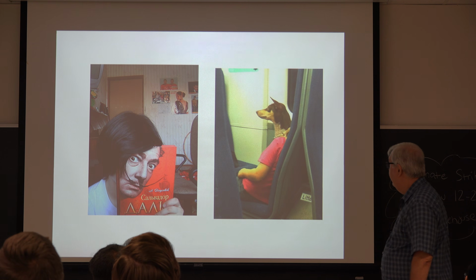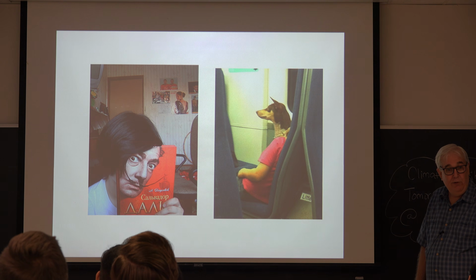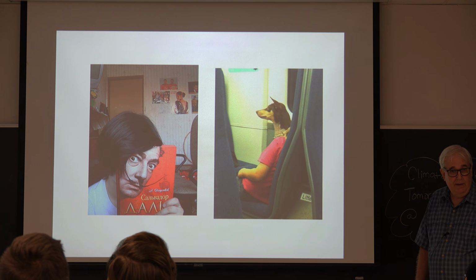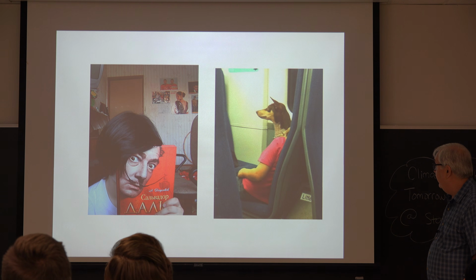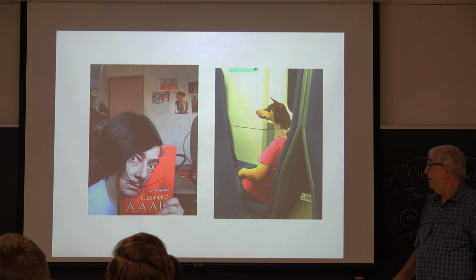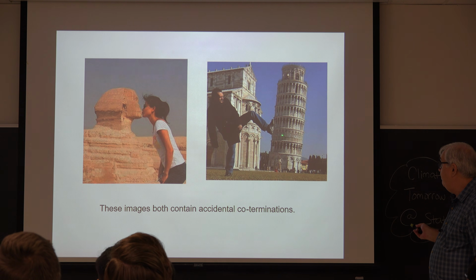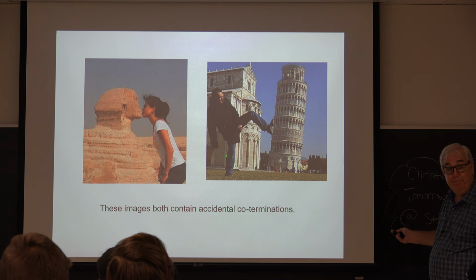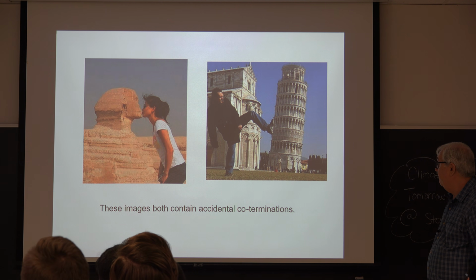This is obviously accidental. What's going on here? Right, the woman fell asleep and her dog was sitting next to her, and somebody saw it and took the picture. There are probably 10 million photographs like this one, and probably another million like that.